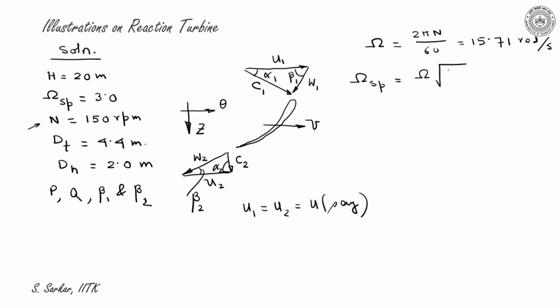Root over P, density is 10 to the 3, g is 9.81. What is the value of H? H is equal to 20 meter to the power 5 by 4.